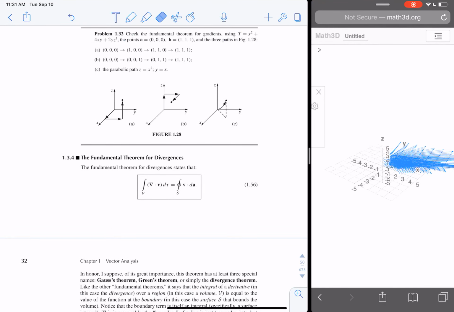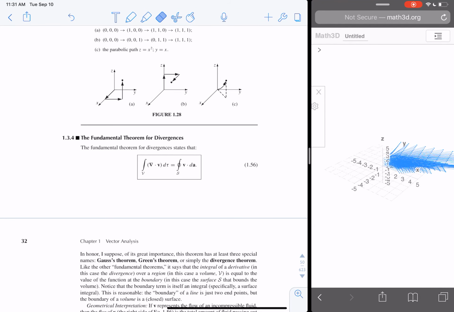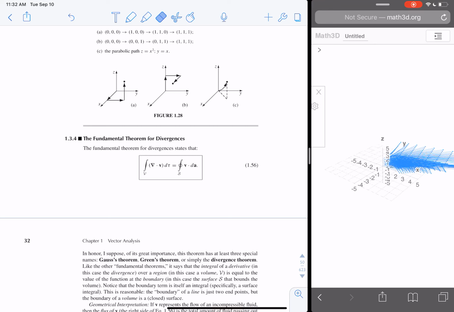Let's see, and then for divergences, this is a pretty cool thing too. For divergences, the fundamental theorem says that the integral of the divergence of a vector field through a volume, like flow coming out of a volume, is equal to the integral of the vector field through the surface.